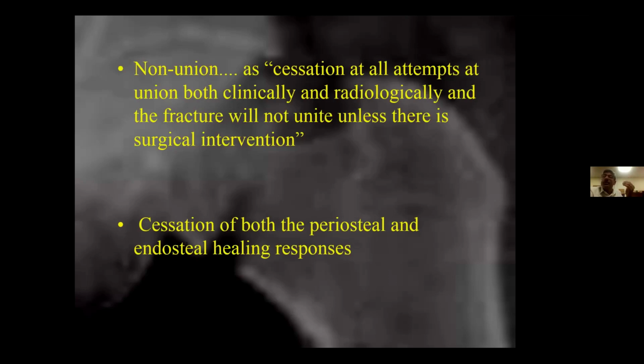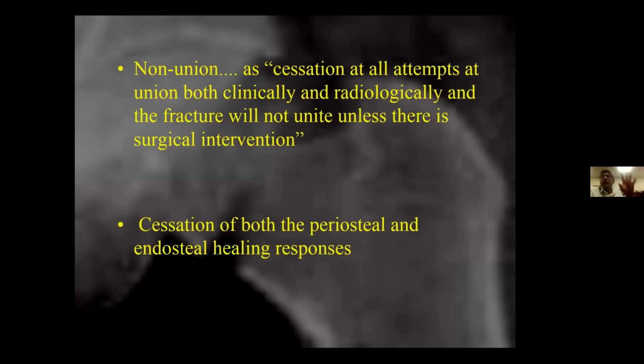So once you as a surgeon have made a decision that no, it's not going to unite unless there is surgical intervention, that's your non-union. Obviously, couple it with the true definition of so many months down the line with 3 months of not healing.